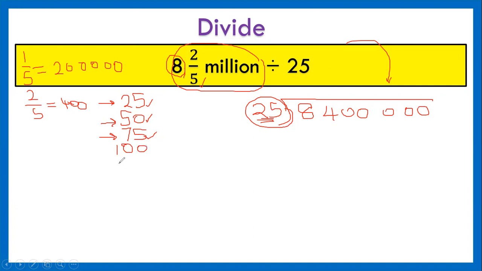And then it repeats. 125, plus another 25, 150. Then 175. And then 200. Finally, 225, and the last one, 250. Now, why do I say this last?